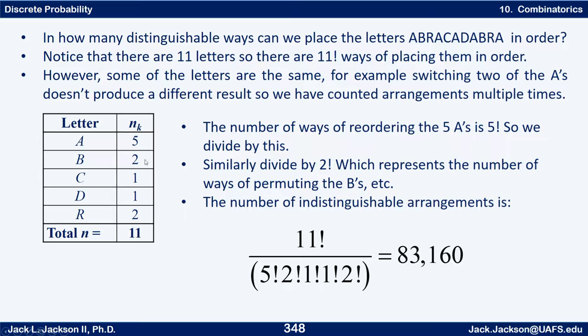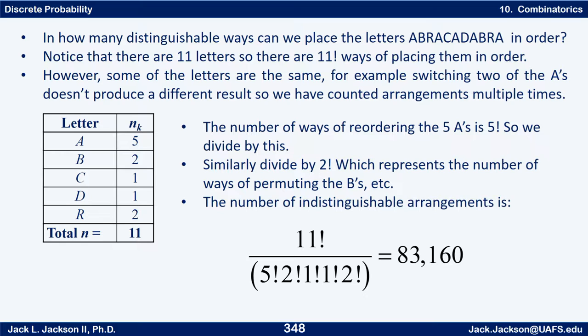So if you count these up, we'll notice that there are 5 A's, 2 B's, 1 C, 1 D, and 2 R's for a total of 11 letters. So the way of ordering them all is 11 factorial, but some of these are counted multiple times because you can't tell them apart. So we need to divide by the number of different ways of permuting the A's, because we can't tell the A's apart, so that's 5 factorial.